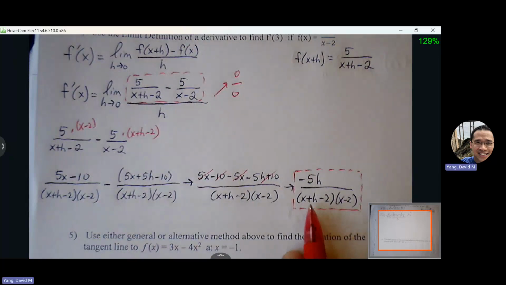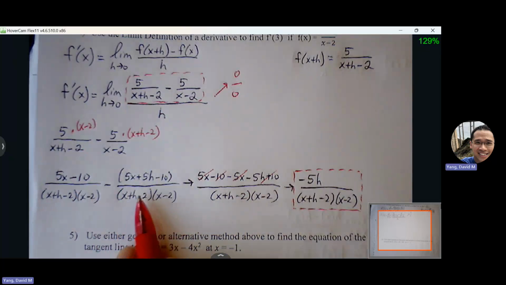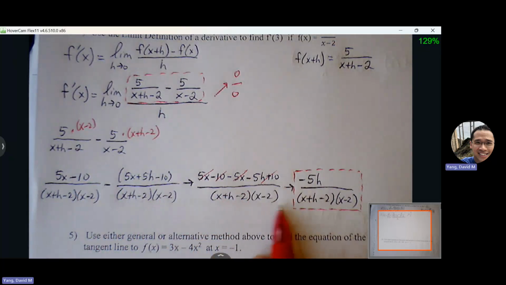This is my updated numerator fraction after I find the common denominator and after I clean up the combined fraction.